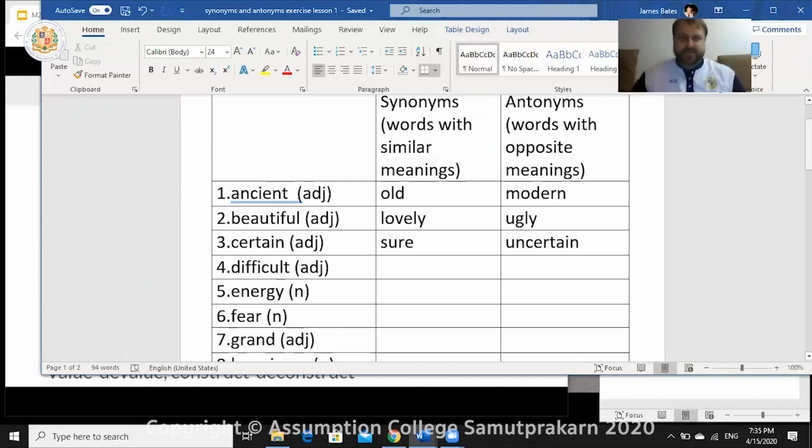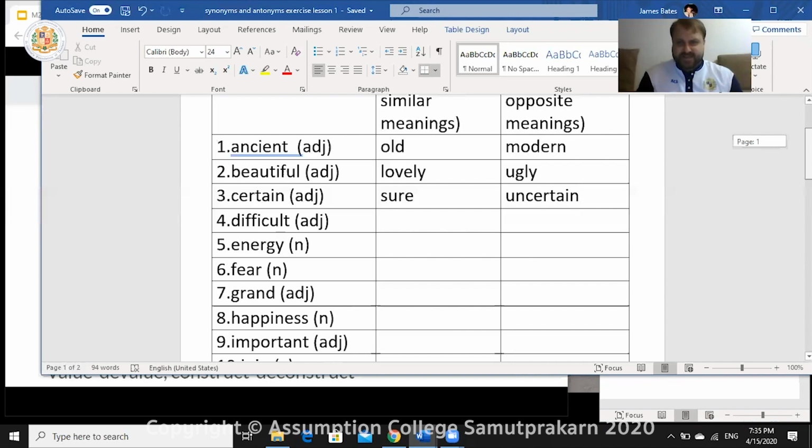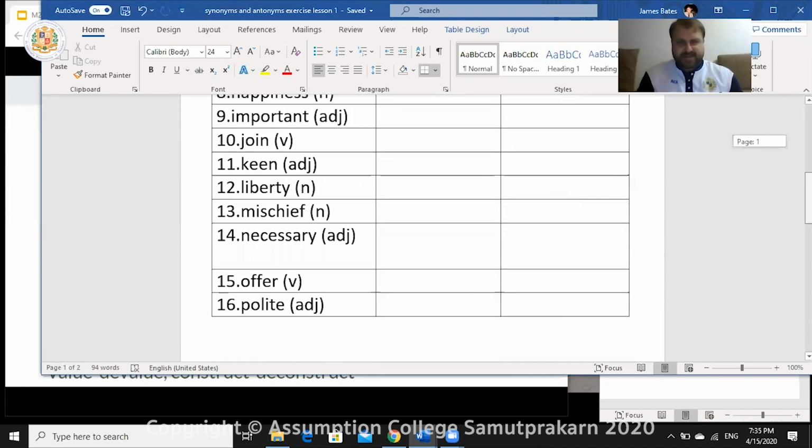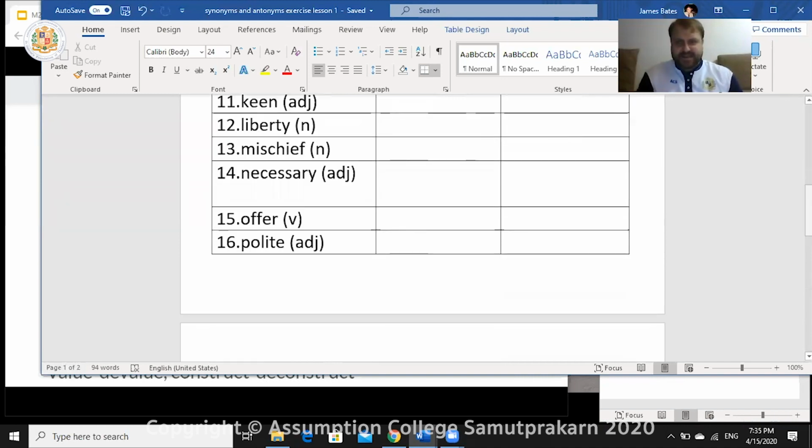Now if you don't know what it is or you're unsure, then use the internet or a dictionary to find the words, and then we will go through the antonyms and the synonyms in our next class. We'll go through the answers in the next class.